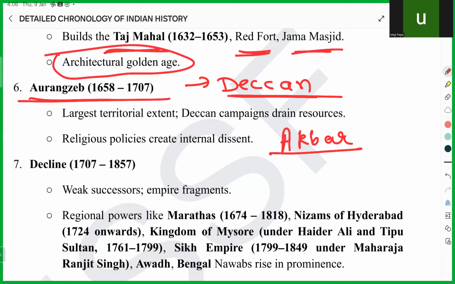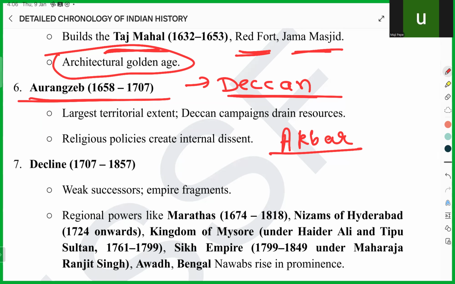Akbar rebelled. Not the Akbar of Birbal fame, not Jahangir's father. I'm talking about Akbar, the son of Aurangzeb. His name was also Akbar. There is a different Akbar that we are talking about here. So he died 2 years before his dad.